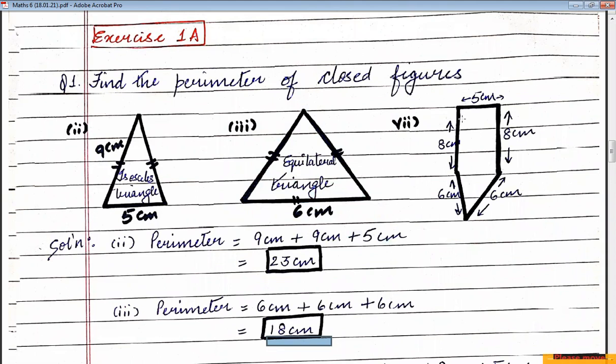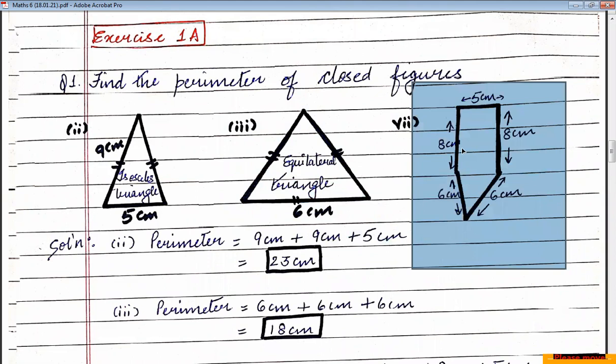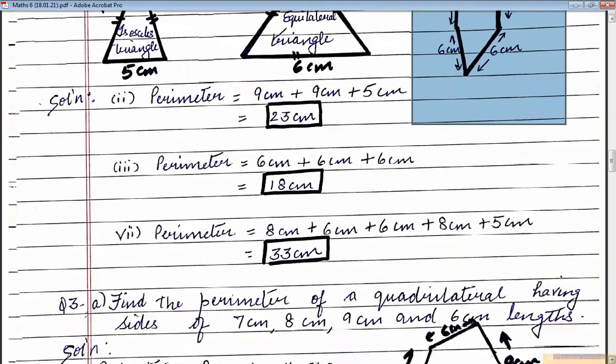Now let us discuss the next figure, where all the sides are given to you. This is a pentagon because you have 5 sides: 1, 2, 3, 4, 5. So now children, what will be the perimeter of this pentagon, this closed figure?